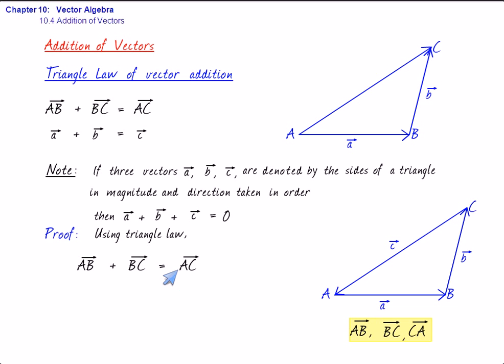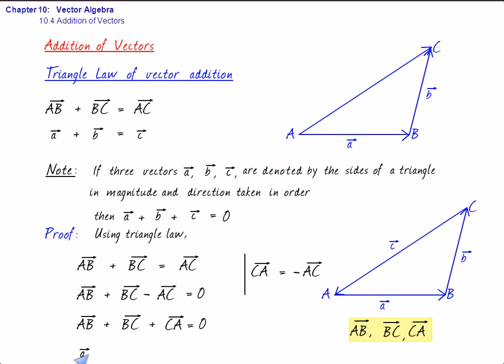Taking AC to the left, AB plus BC minus AC equal to 0. Now remember that vector CA, if you change the order of terminal and initial point, may be written as minus AC. So minus AC may be replaced by plus CA. So AB plus BC plus CA is 0, or vector A plus vector B plus vector C is 0.